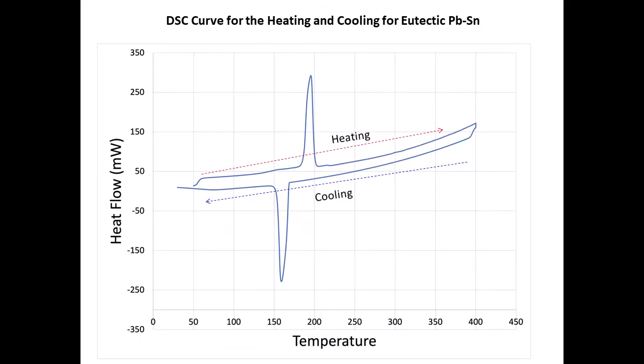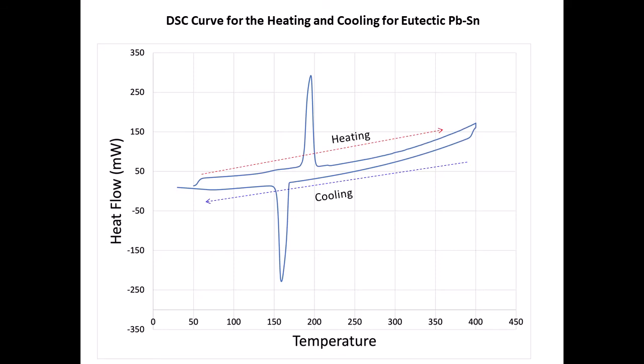Here we show you the DSC result for the melting and solidification of the eutectic composition of lead tin. Again, you will note there's a single endotherm associated with the heating cycle, where the solid has to absorb heat in order to transform from solid to liquid. On cooling, we're able to suppress the solidification temperature and undercool the liquid so that the endotherm and exotherm do not lie directly on top of each other.